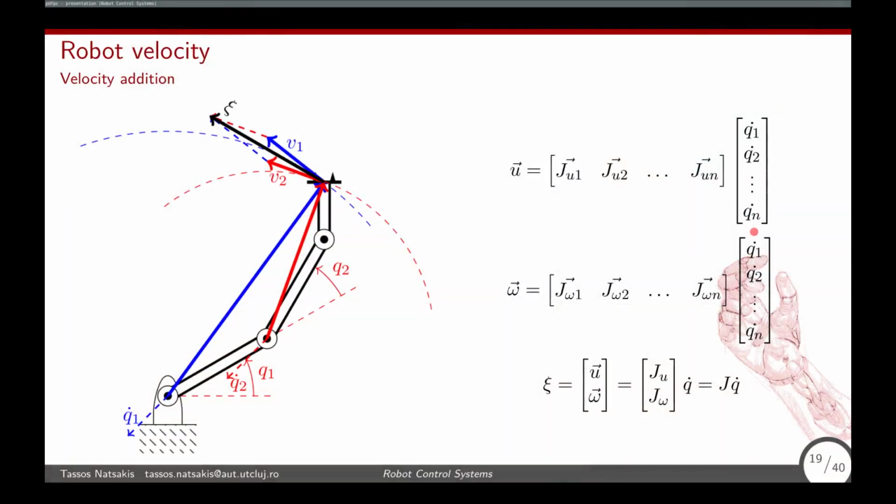Here, if you see on the right side, we multiply with the same quantity, which is q dot. So I can multiply both of these with the same q dot, and I will eventually have this big J, made of J linear and J angular, multiplied with q dot, all the velocities. I will have the end effector velocity. Okay?